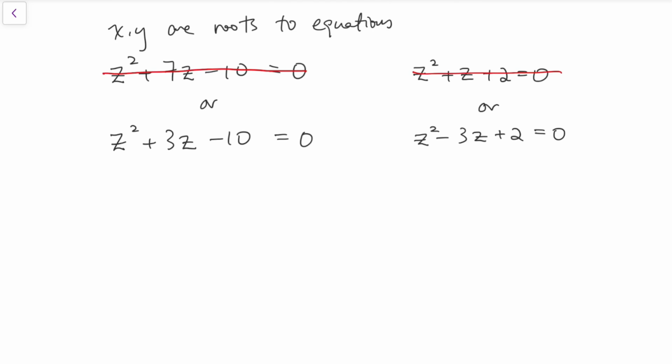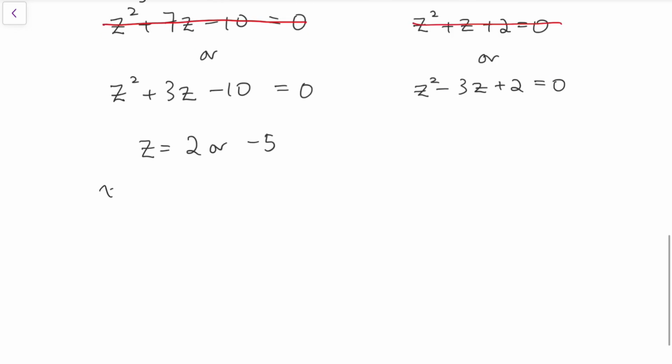And from that we know for z squared plus 3z minus 10 equals 0, we have z equals 2 or minus 5, and that means for x and y, there are two pairs of solutions because the equation is symmetric, which are 2 and minus 5 and minus 5, 2.